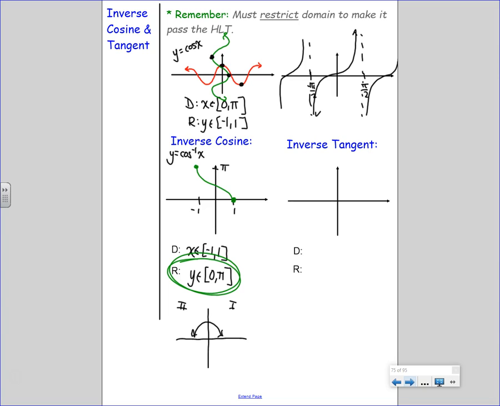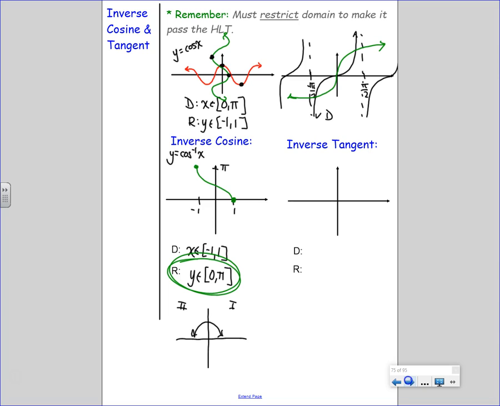Just one. So we're not going to cut it strangely. Tangent, we're actually going to cut in a pretty natural way. We're just going to take one cycle and say, we only want one again. So if we flip that one cycle, just that one, and ignore the rest, we'll be fine. The inverse will pass the vertical line test.